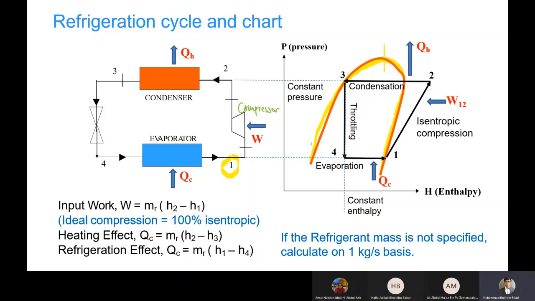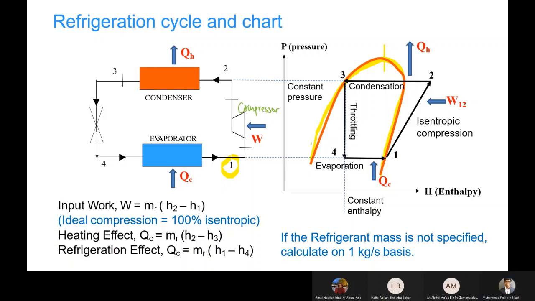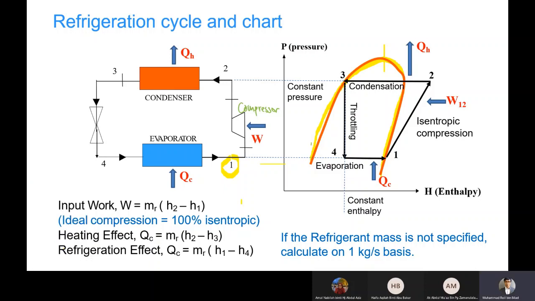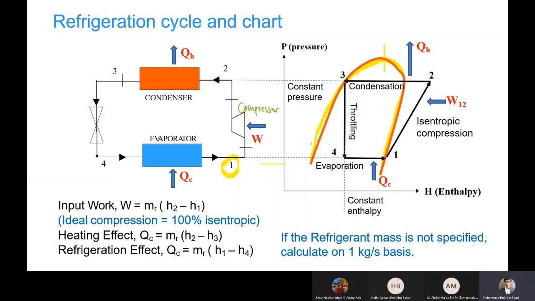Just before the compressor, so that's point 1 here. And the typical condition of point 1 is, okay, point 1 is normally saturated vapor. The standard condition is saturated vapor. So this is point 1.